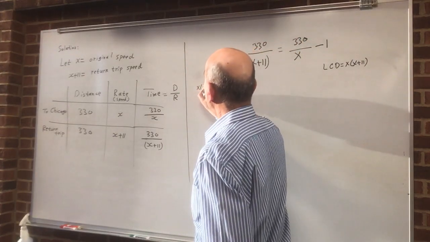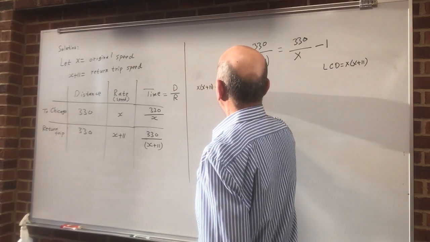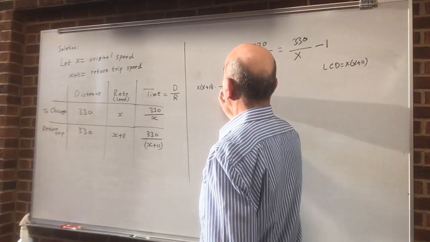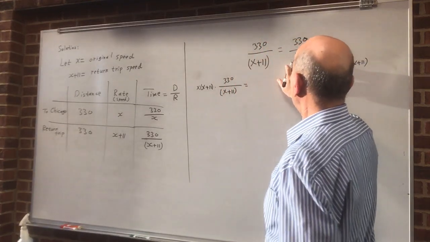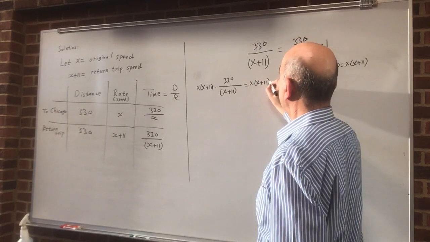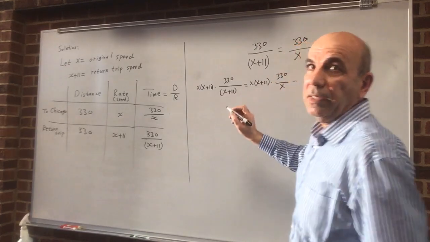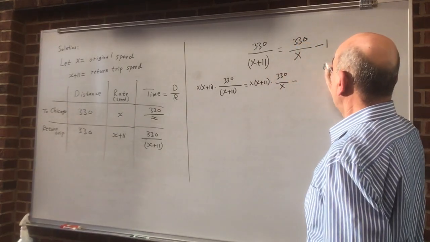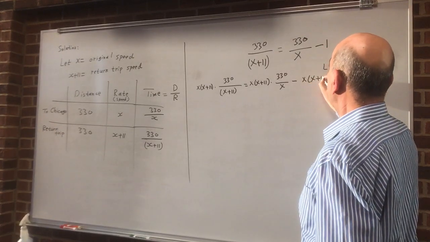So x times x plus 11 times 330 over x plus 11 equals, similarly, multiply this term also by x times x plus 11, minus, multiply 1 times x times x plus 11.